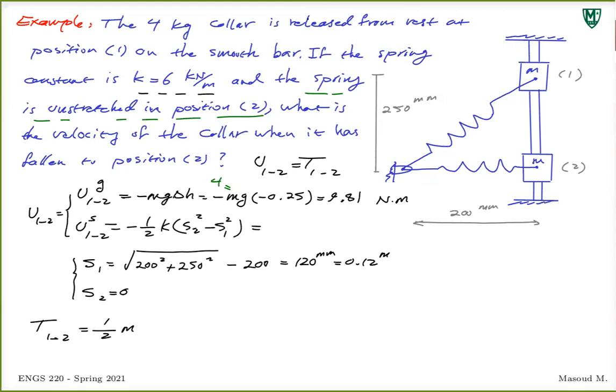Once you know S2 is 0 and S1 is 0.12, that gives 43.31 newton meter, or joule, as work.